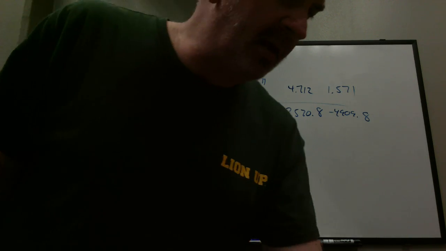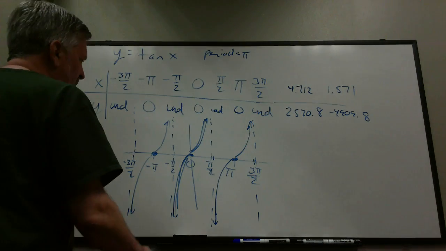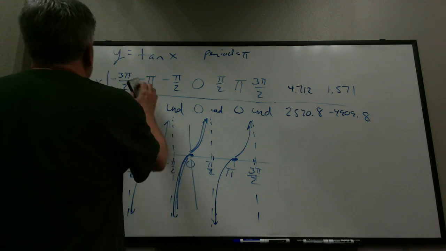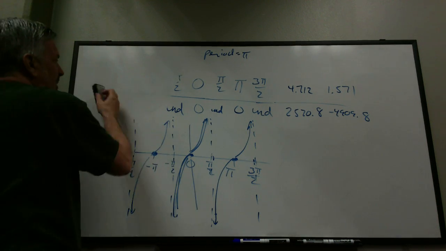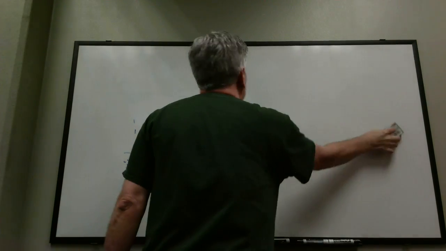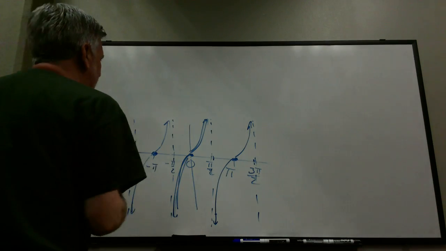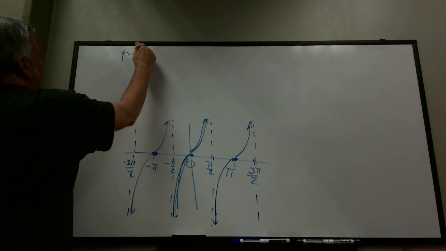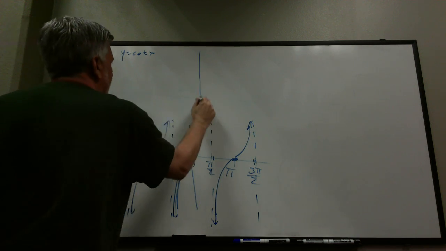Okay, the next one says, use the graph of tangent to sketch the graph of cotangent. I could just make a table just like I did here, but I want to use this technique. So now I'm trying to sketch y equals cotan x.